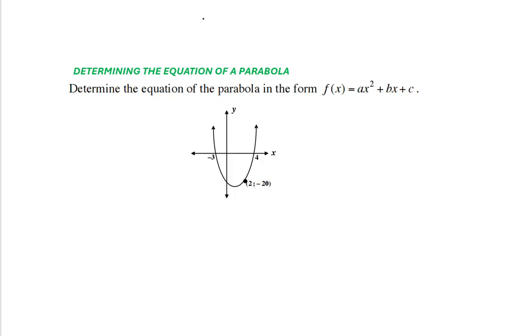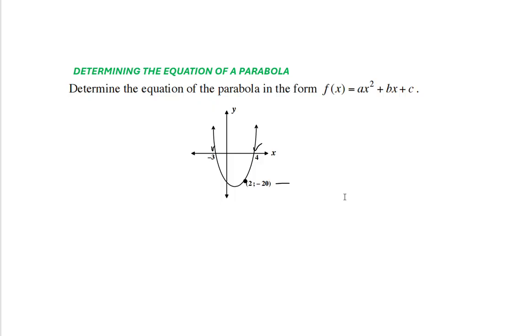Now we have been given the x-intercepts, which are -3 and +4, and also a point on the graph, meaning we can use the x-intercepts formula.